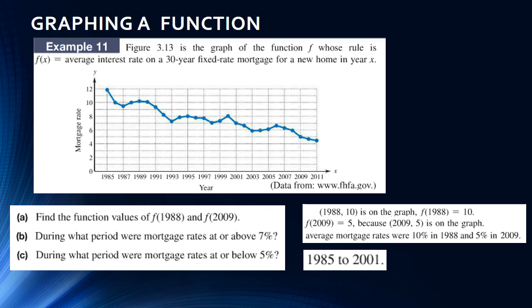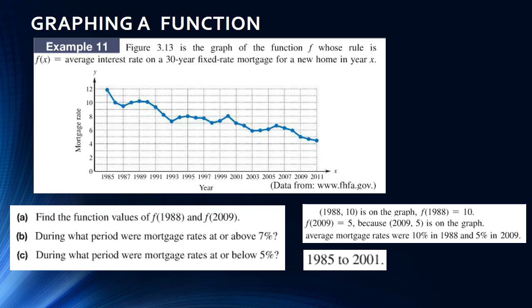So when is it above 7? Well, of course, it's above 7 from the very beginning. It's a little confusing in 1993, but it's either on or above the line. It's a little confusing in 1998 because it's actually on the line 7, but it still stays at or above until 2001. So from 1985 to 2001, the mortgage rates were above or at 7%.